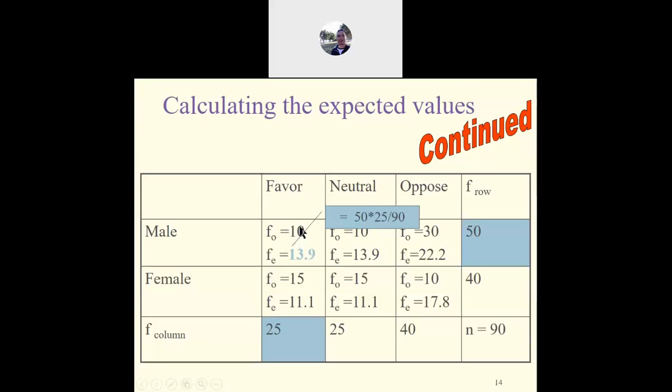This is my observation, right? What is the expected frequency, or my expected value, for how many choose the favor, right? How to get it from the observed one? I multiply the sum of rows by the sum of columns and divide by the total number, right? Let's do it for another one.